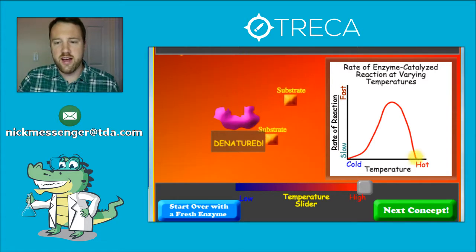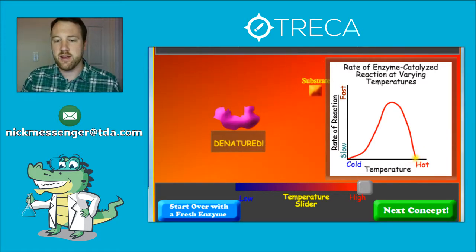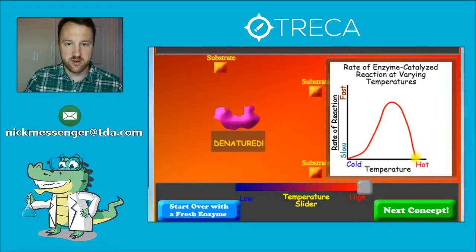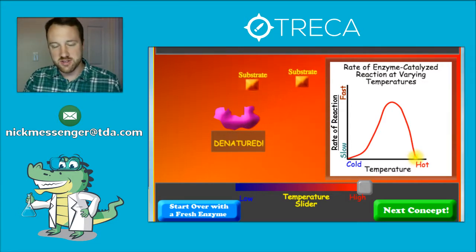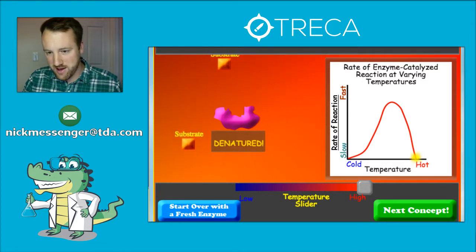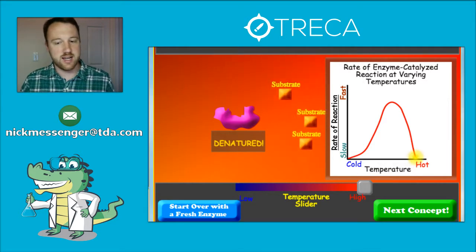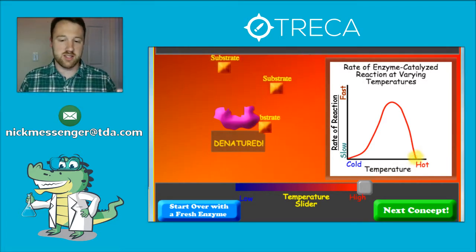If we look at the graph, we can see that there's a peak or kind of a mountaintop in our graph. And that mountaintop happens somewhere between cold and hot. So let's say if cold was 0 degrees and hot was 100 degrees, the enzyme actually worked the best at about maybe 60 degrees, just past the halfway point between cold and hot, where the graph was the tallest.